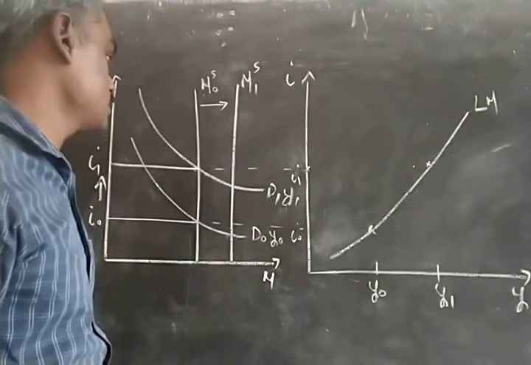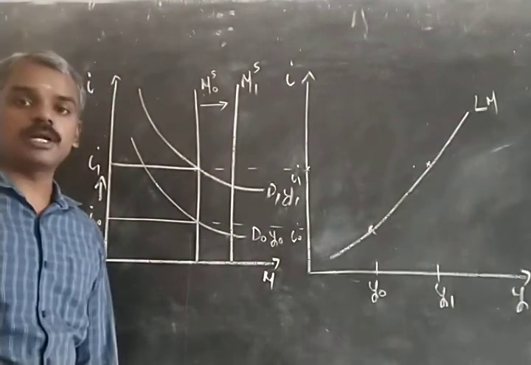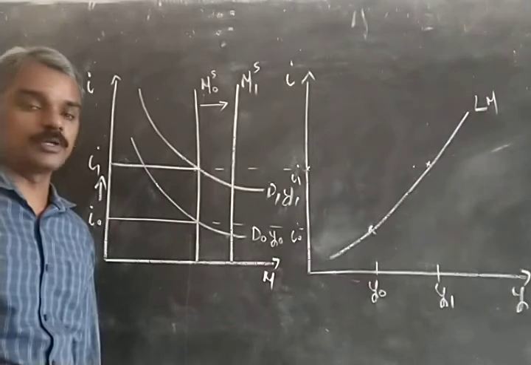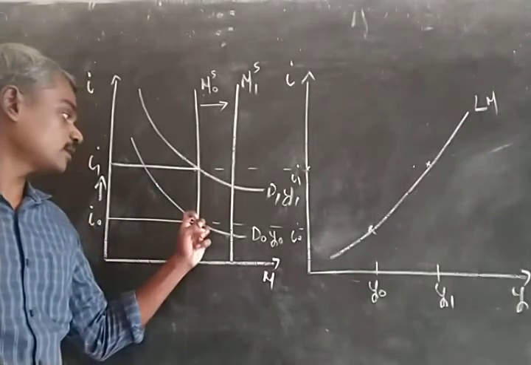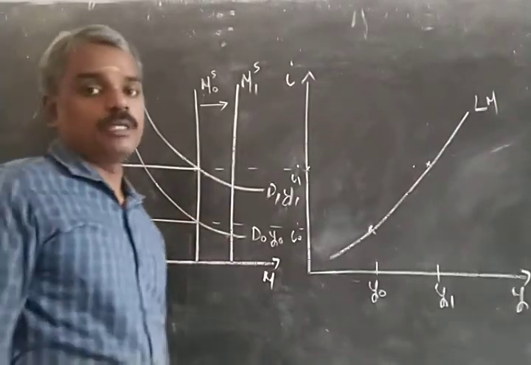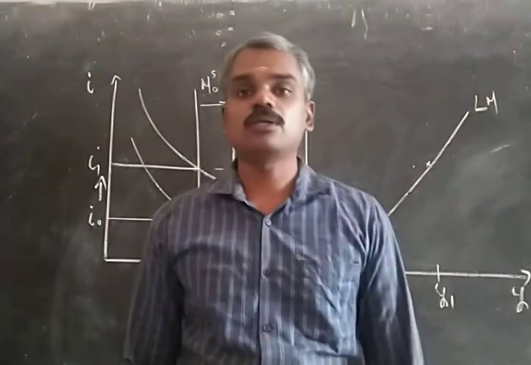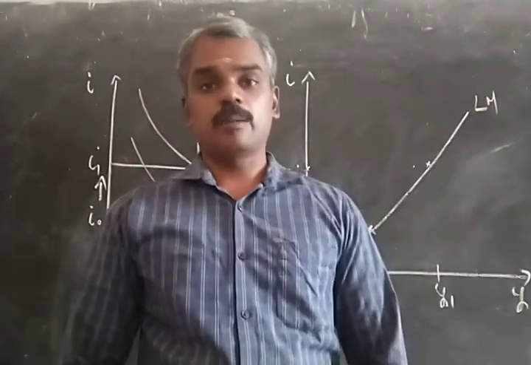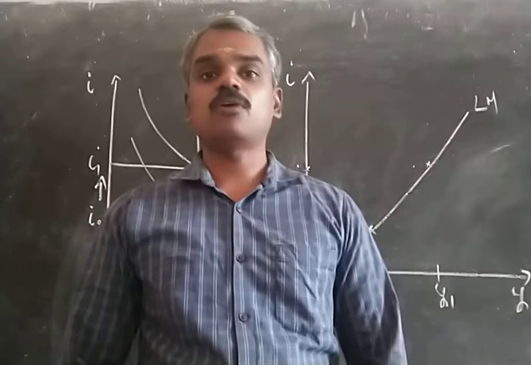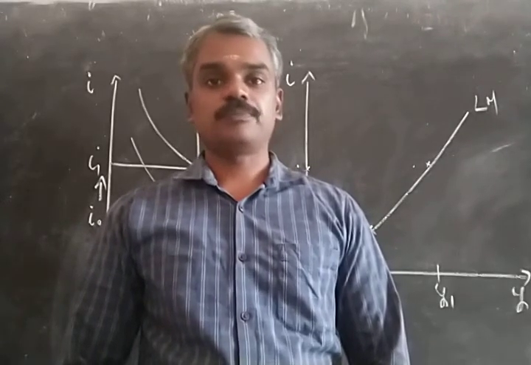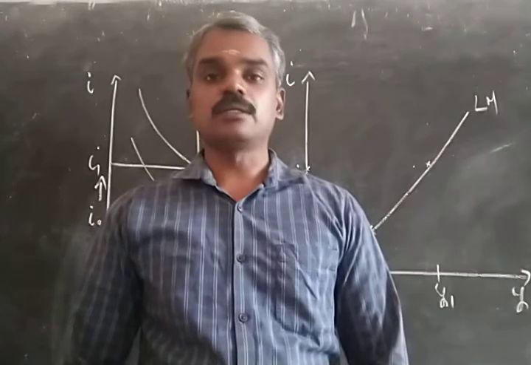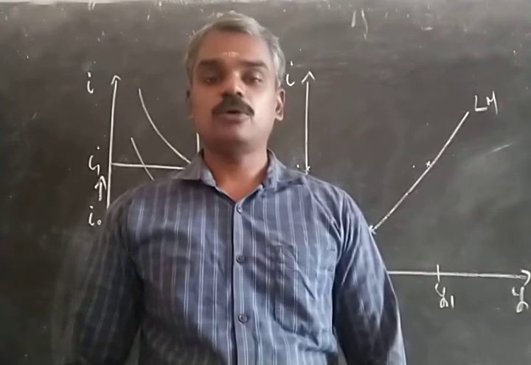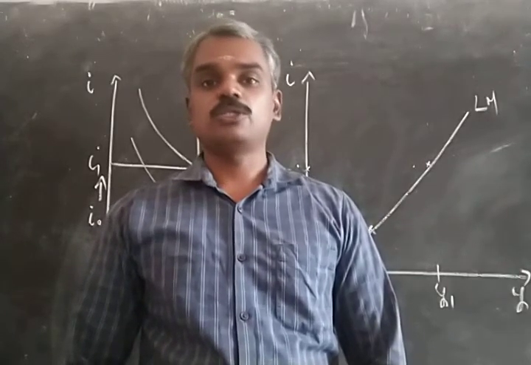So money stock has increased, and this increased money stock necessitates a new equilibrium. Here demand for money will not be in equilibrium with supply of money, because money stock has been exogenously increased by the central bank. So demand for money will fall short of supply of money. There has been a unilateral increase of supply of money, so demand for money also has to increase.